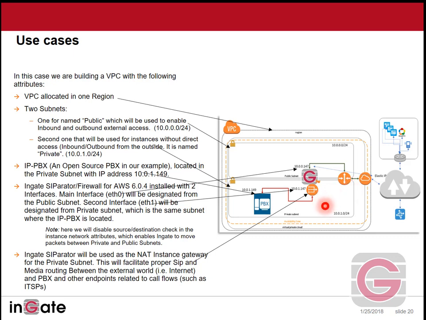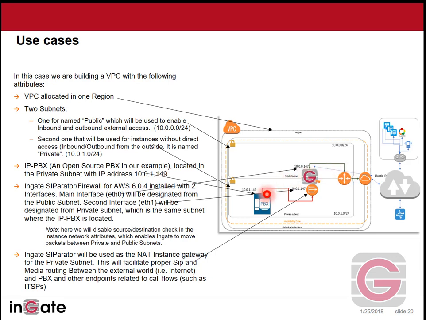This one we are going to call the private subnet, and the other one the public subnet. We call it public because the SBC is going to be facing the internet and providing access to the PBX environment or resources.